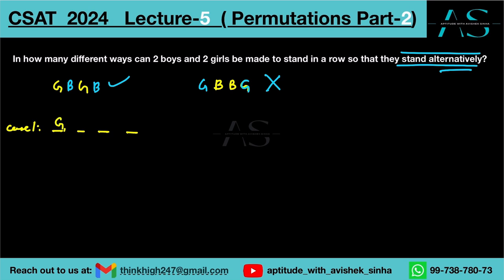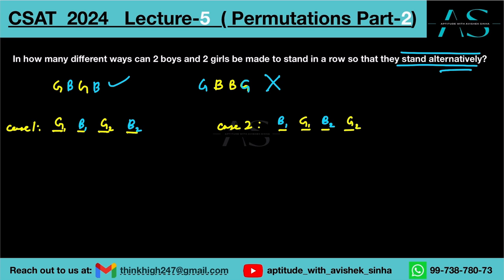So girl number 1, girl number 2, boy number 1, boy number 2. Alright. Case 2, we start with the first position for boy. Now the third position would be for the other boy. Girl number 1, girl number 2.